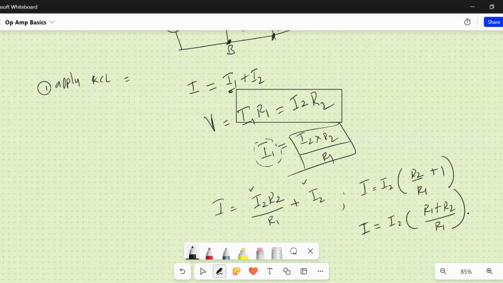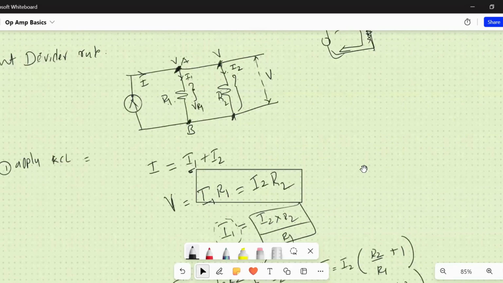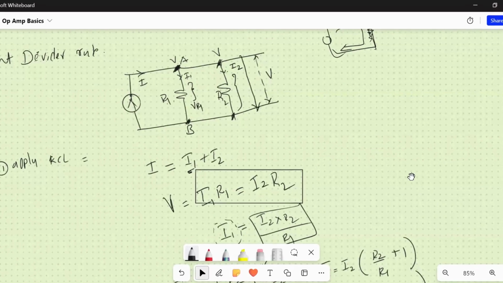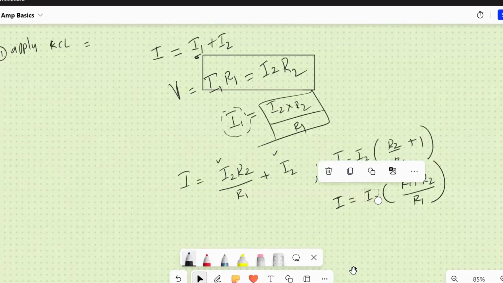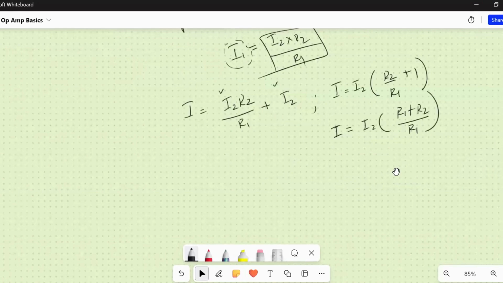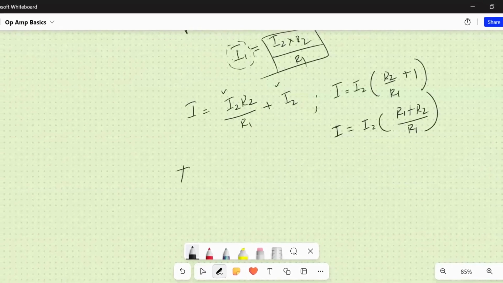What we actually want to find in this current divider rule is the current going in this particular path, which is I2. So I2 is equal to I into R1 divided by R1 plus R2.